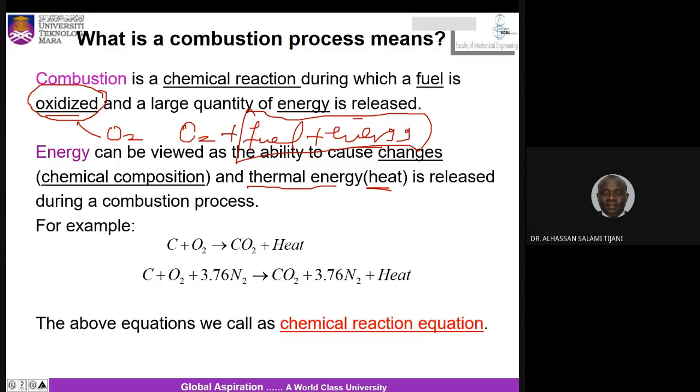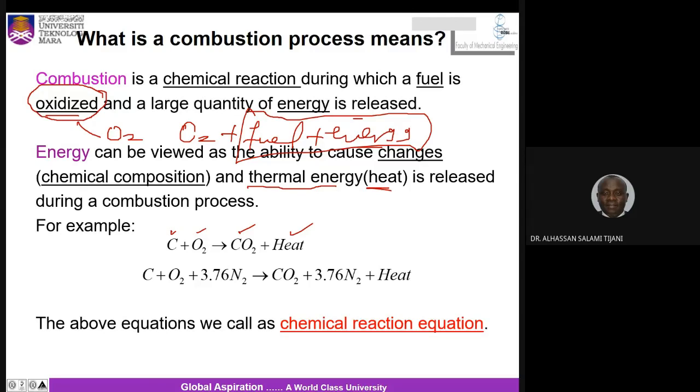So whenever we see carbon, we may interchange it with fuel. Whenever you have carbon with oxygen in the presence of a certain amount of energy, the product of combustion is going to be carbon dioxide and heat.